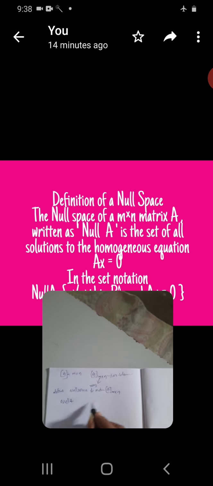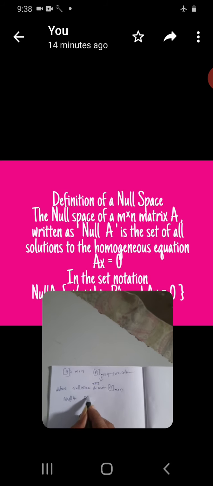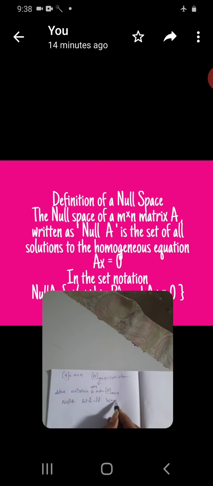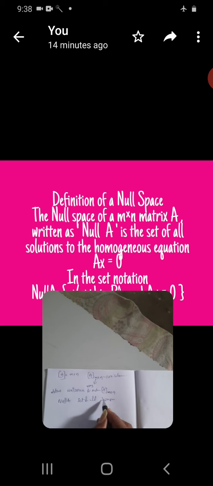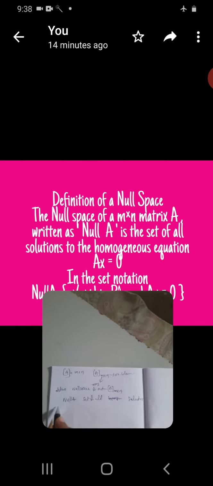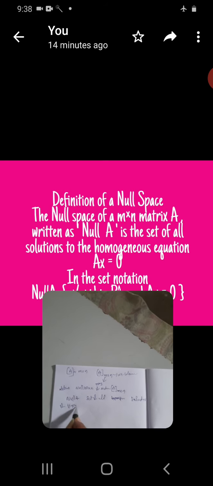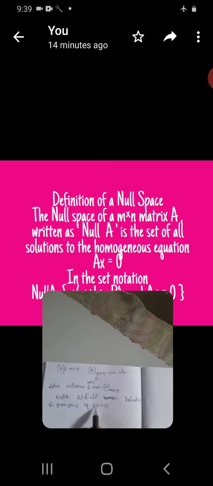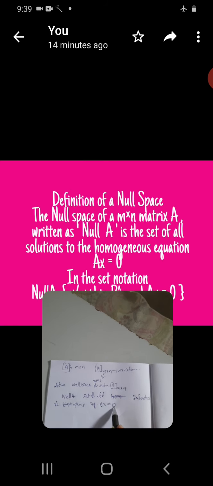Here, null A is the set of all solutions of the homogeneous equations Ax is equal to 0. Right side is 0.